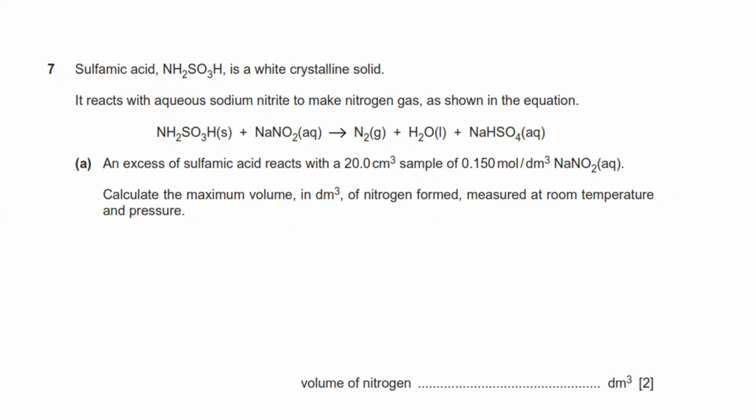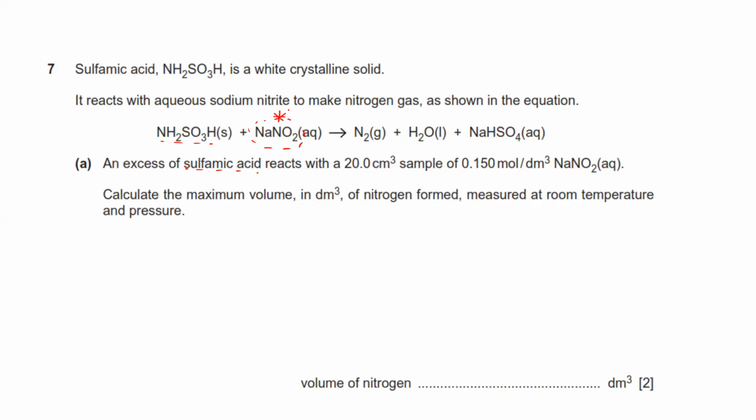Okay, so this is a simple titration problem. With this we can find out the moles of sodium nitrite, and from that, if we have the number of moles, we can easily find out the total volume. Remember, the sulfamic acid is in excess, so this acid is in excess and sodium nitrite is the limiting quantity.